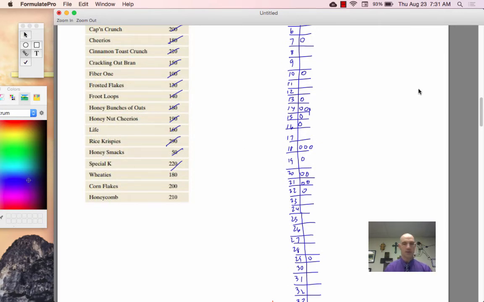A couple of ways to do this where it would be shorter, and we're not doing it shorter for shorter's sake. We want to condense the data to make a meaningful data display, and I'm going to do two truncated examples here. And what you're going to see is that one is maybe more meaningful than the other.